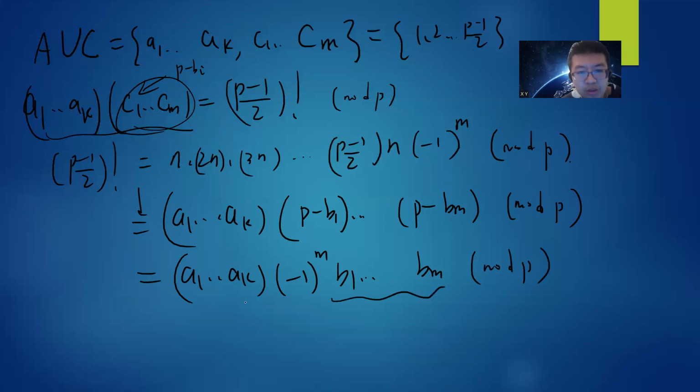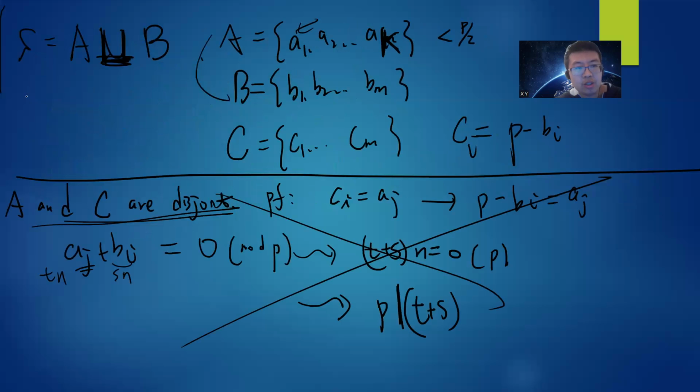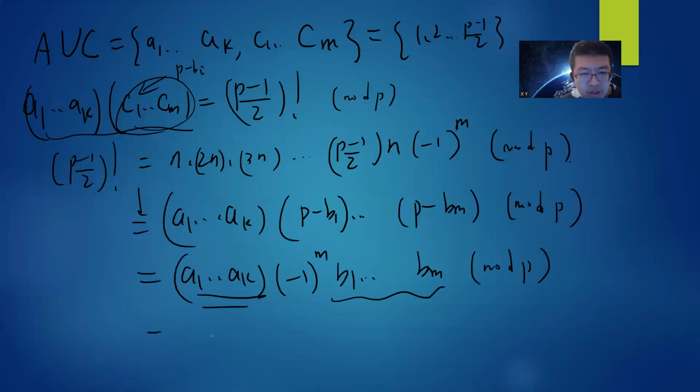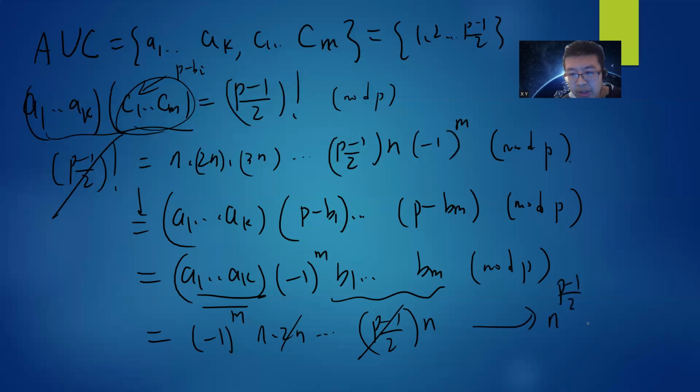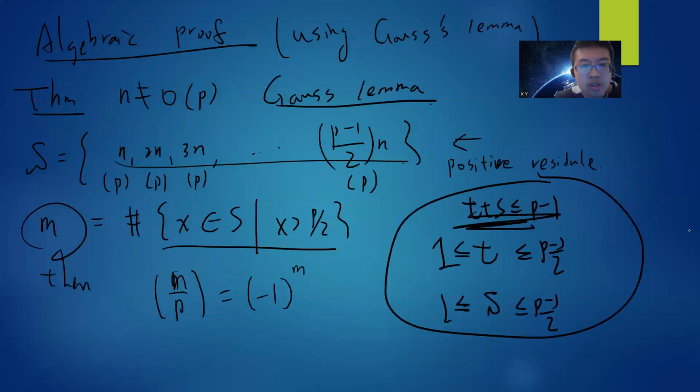And all this will be just A1 up to AK, B1 up to BM, which by definition is just S. So I will get minus 1 to the m, n to the (p minus 1) divided by 2, times S, and I can cancel all this factor. So I get n to the (p minus 1) divided by 2 equals minus 1 to the m, mod p. And by Euler's theorem, this will prove that (n over p) will be just minus 1 to the m. Okay, so this is the Gauss lemma.